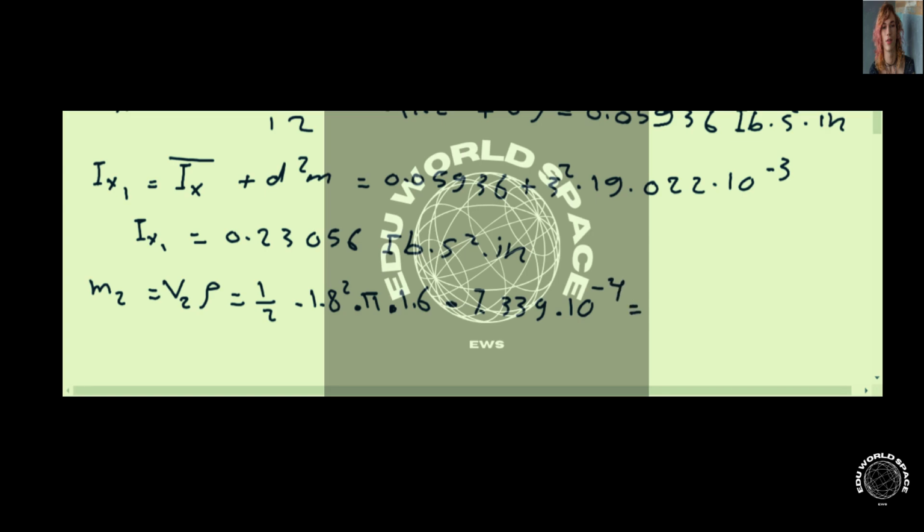So it's equal to 5.976 multiply 10 power negative 3 pounds second squared per inch.